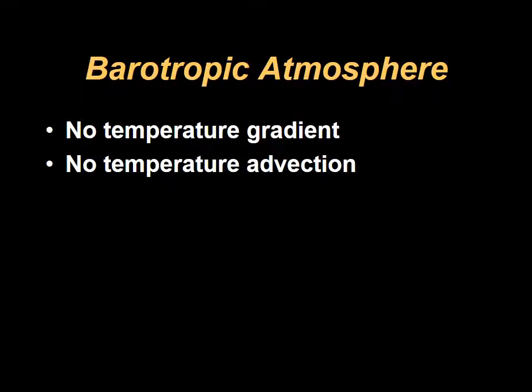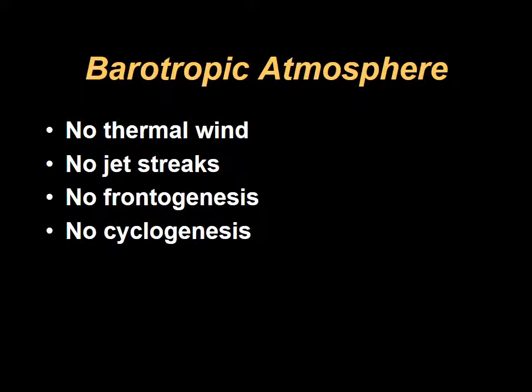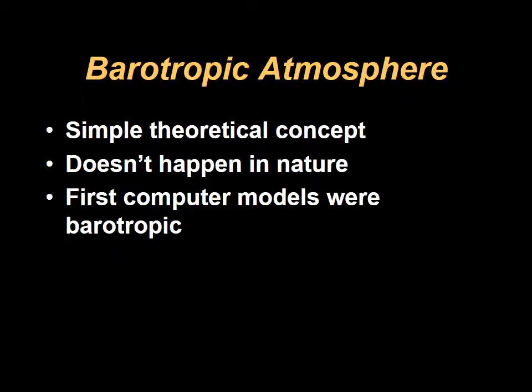So of course, if there's no temperature gradient, that means that there's no temperature advection. And if there's no temperature advection, or no temperature gradient, it means also that there's no thermal wind, nor are there jet streaks. And of course, weather systems really don't develop, so there's no frontogenesis and no cyclogenesis.